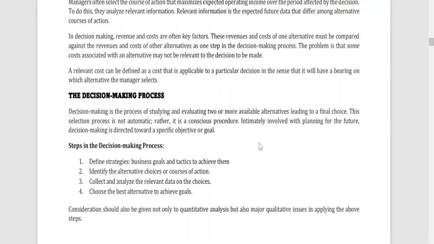So decision-making is the process of studying and evaluating two or more available alternatives leading to a final choice. Diba? When you decide, like when you go to the mall and you want to buy a dress, there are so many dresses to choose from. So there are so many alternatives.